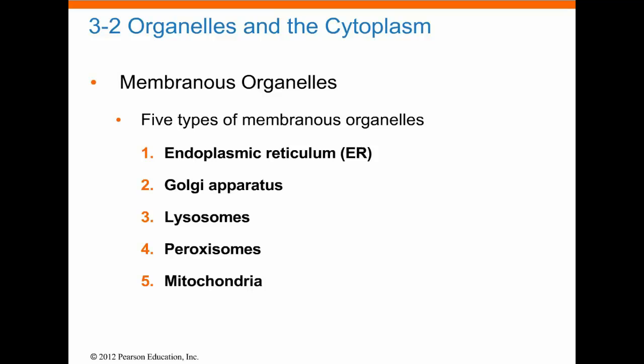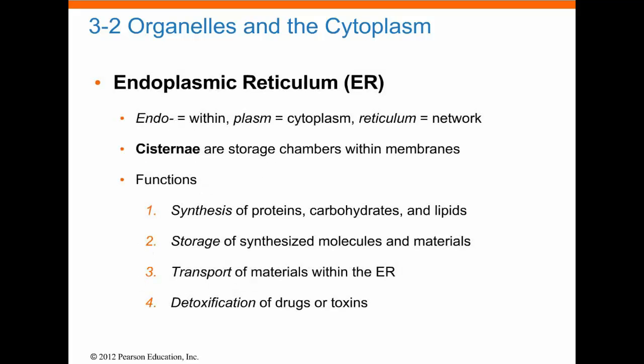If we look now at the membranous organelles, there are 5 that we're going to be covering. As I mentioned in the previous slide, we've got the endoplasmic reticulum, the Golgi apparatus, lysosomes, peroxisomes, and mitochondria. So ER, or endoplasmic reticulum: endo, if we break down the word, means within, plasm, cytoplasm, and reticulum, a network.